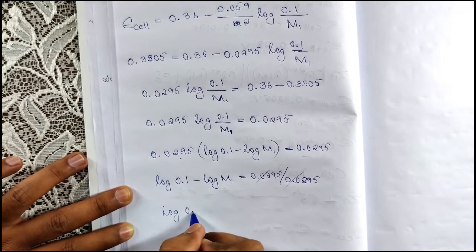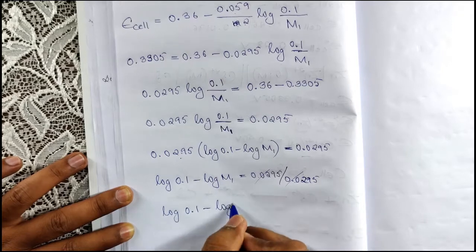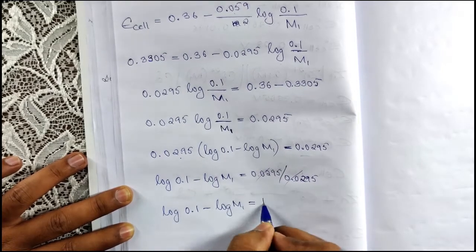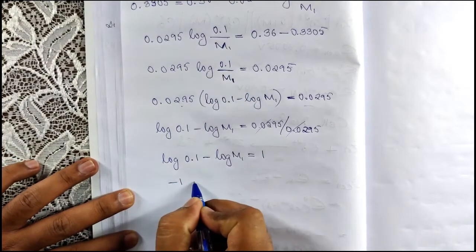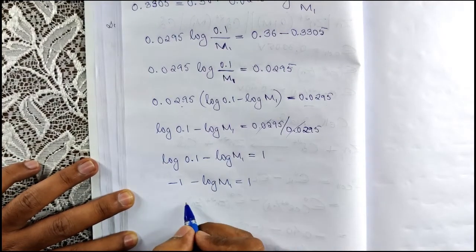Log 0.1 minus log M1 is 1. So log 0.1 is minus 1, minus log M1 is equal to 1.